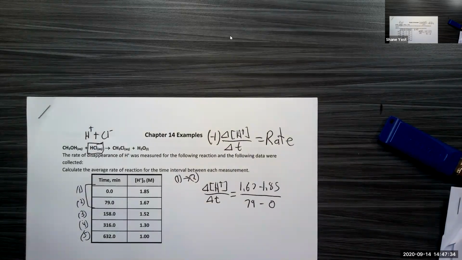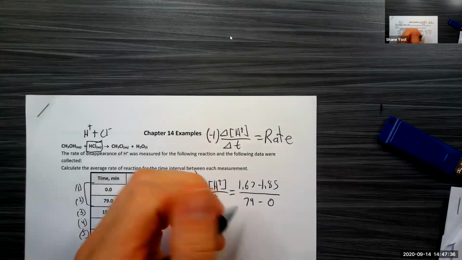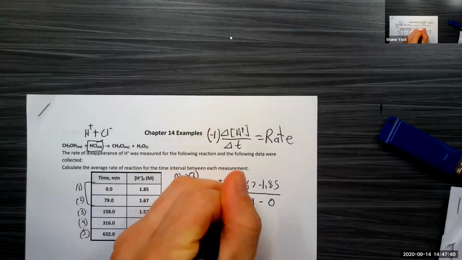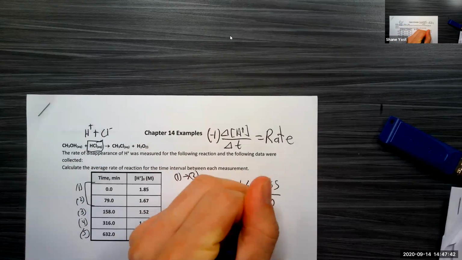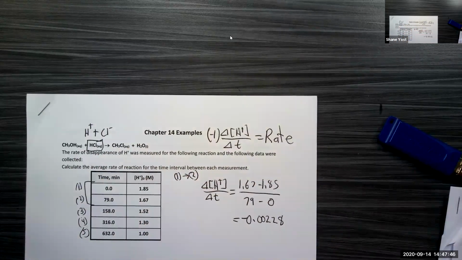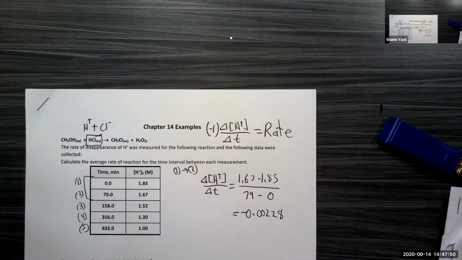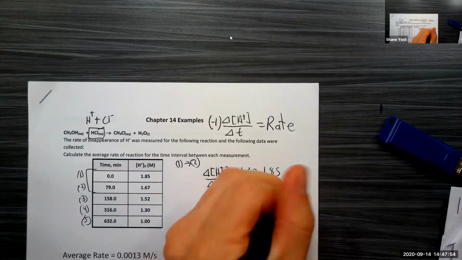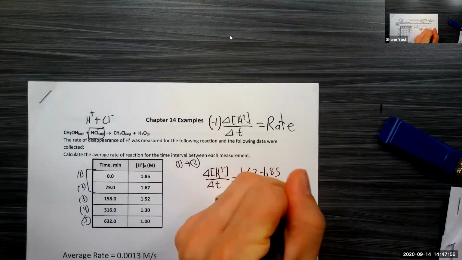Sorry, I'm going to go back to that. I'm just going to write out what that equals. So that equals minus 0.00228, and that's going to be molar per minute.